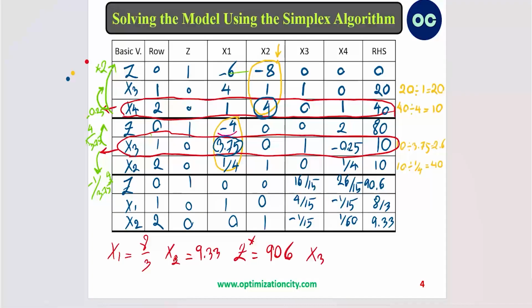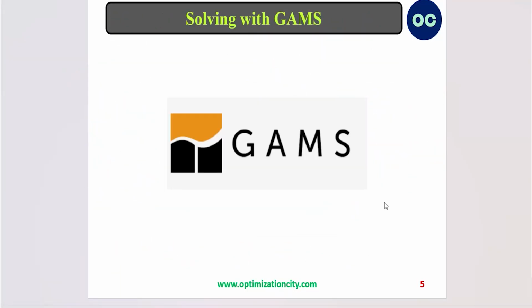Also x3 and x4, because they are non-basic, are equal to 0. That's all. The Simplex method successfully found the best solution for our linear problem. Now let's solve this model using GAMS.